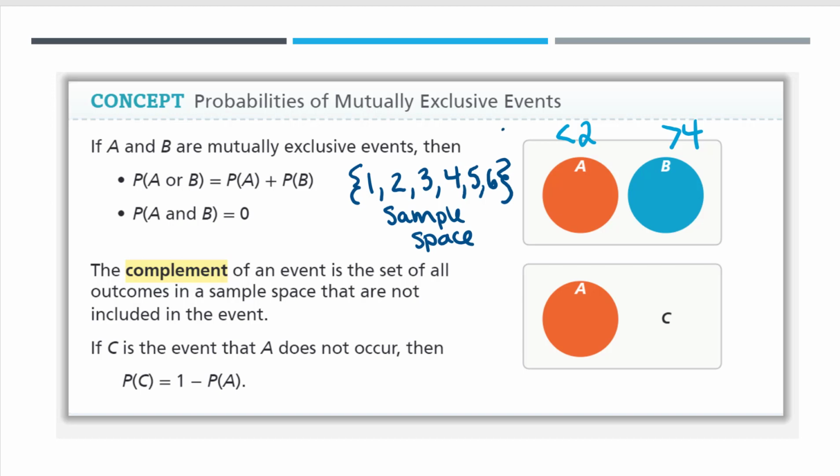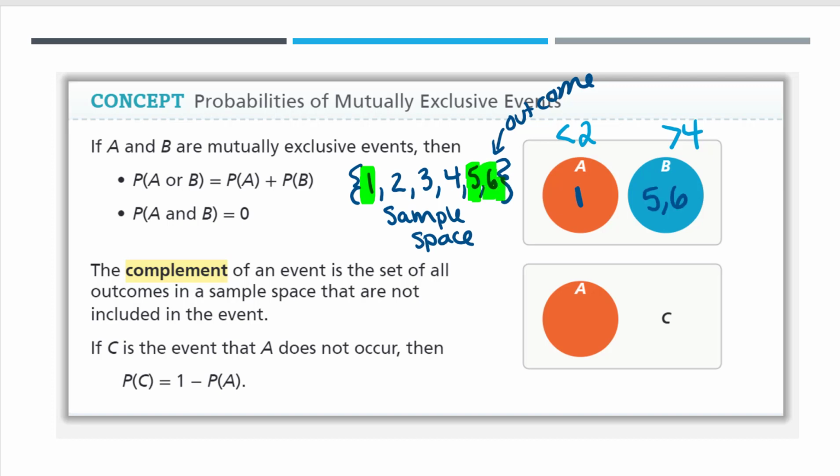Each one of these is an outcome. So with event A, the possible outcome when we have a number less than 2 is 1. And for event B, the possible outcomes for a number greater than 4 would be 5 and 6.